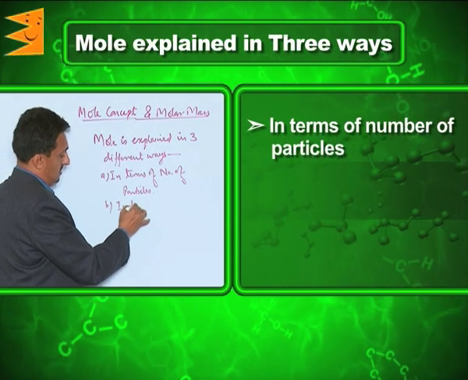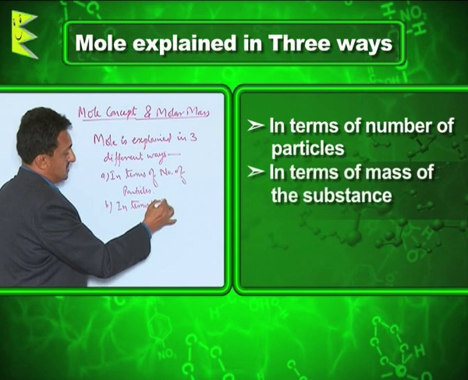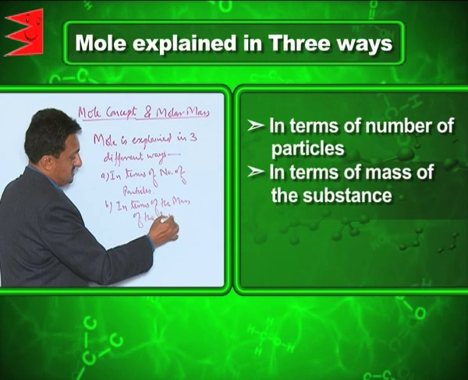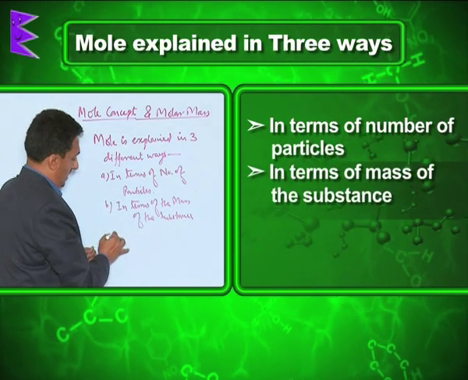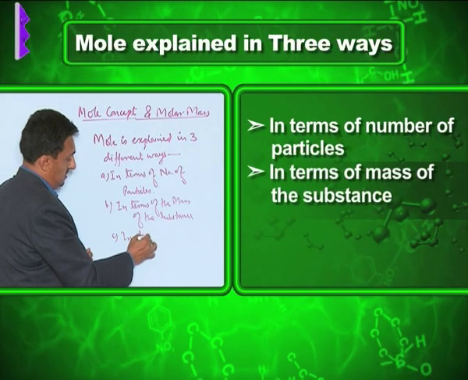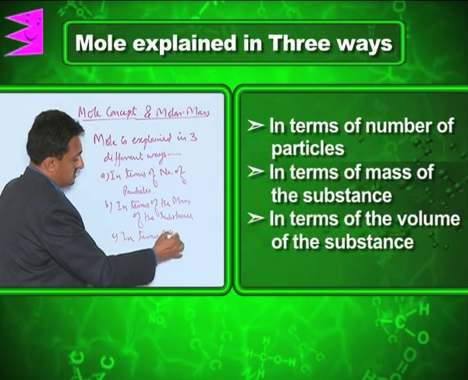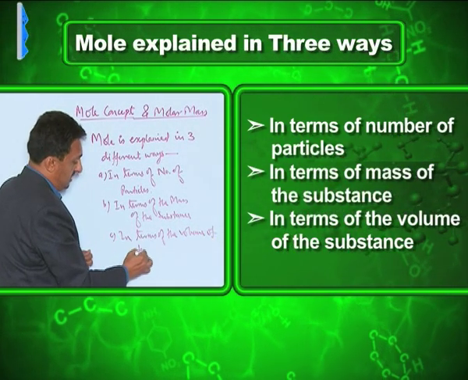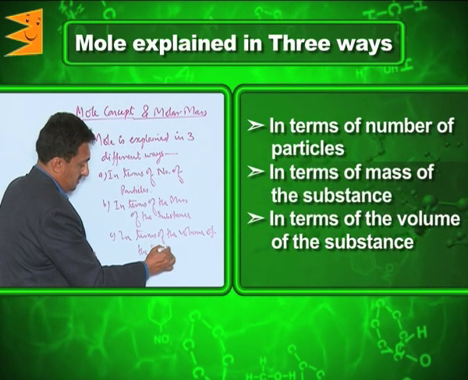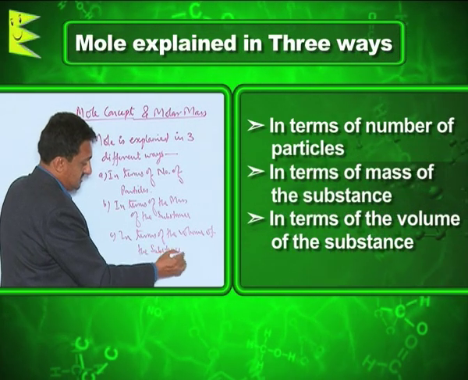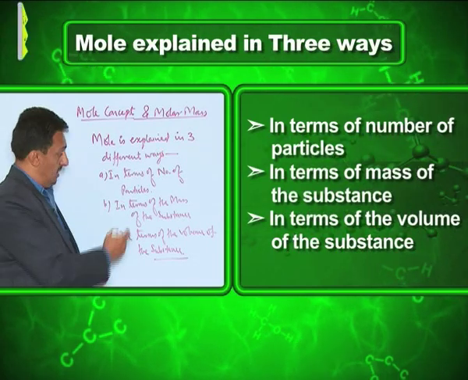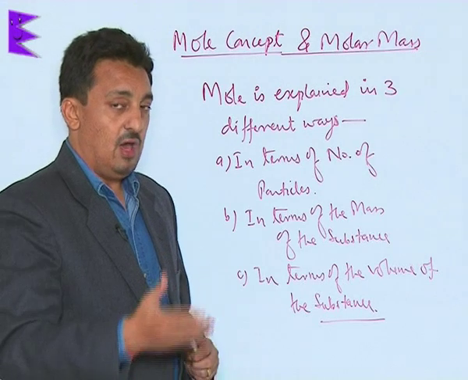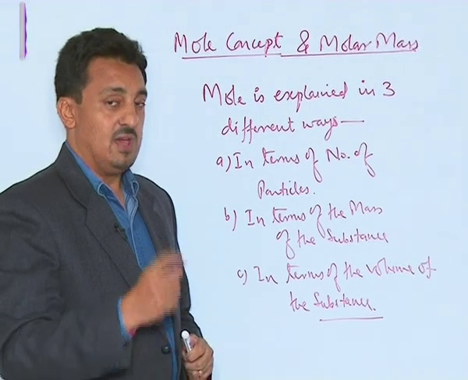Second is in terms of the mass of the substance, and third is in terms of the volume of the substance. Now let us take these three different types one by one, and then let us understand how these three are interrelated through a term called mole.